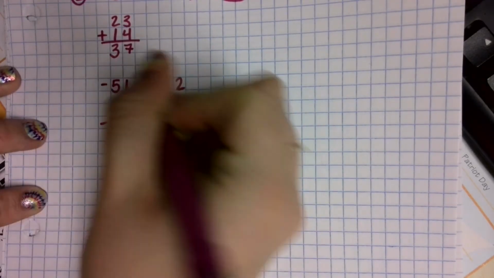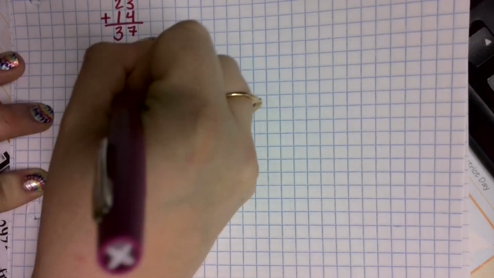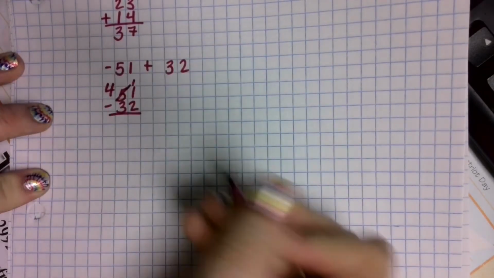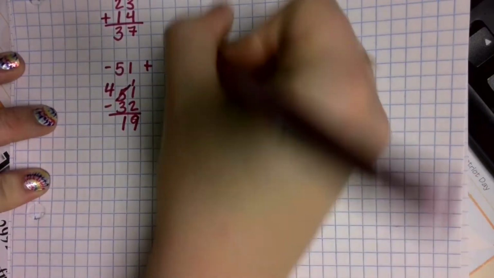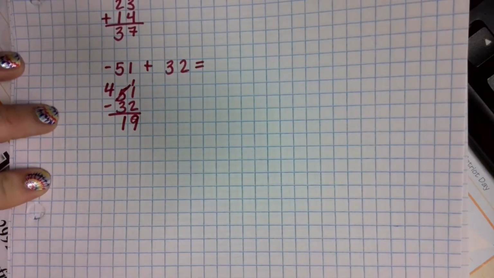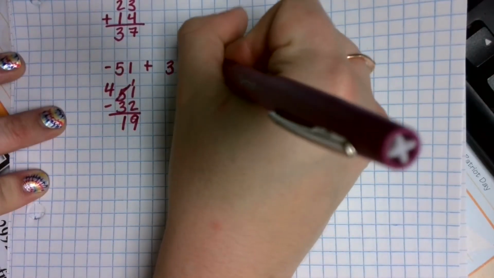So I'm going to do 51 minus 32. I've got to regroup here. 11 minus 2 is 9. 4 minus 3 is 1. So I subtracted, keep the sign of the largest, so my answer is negative 19.